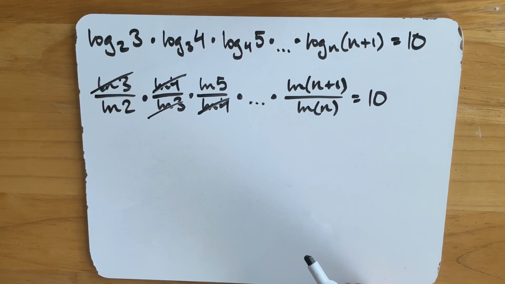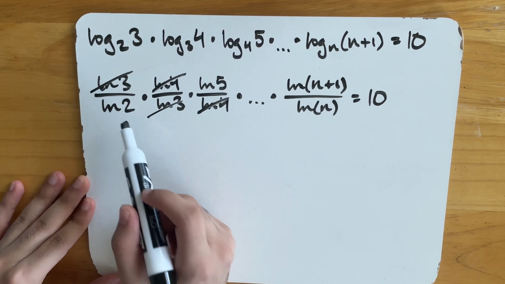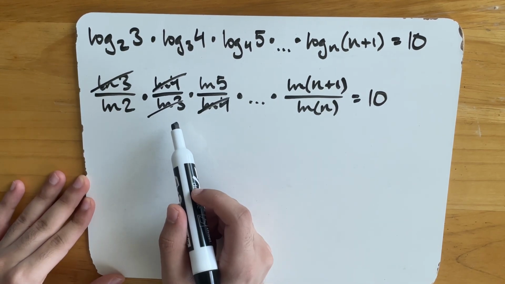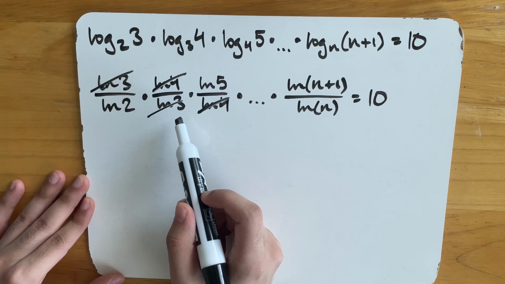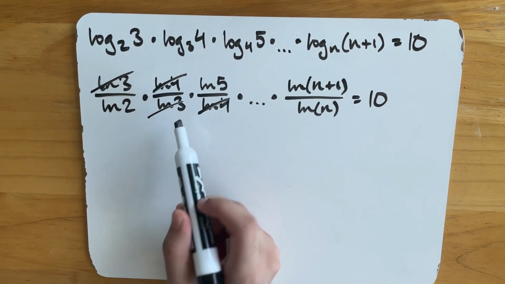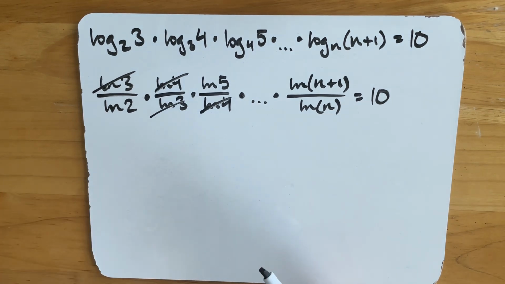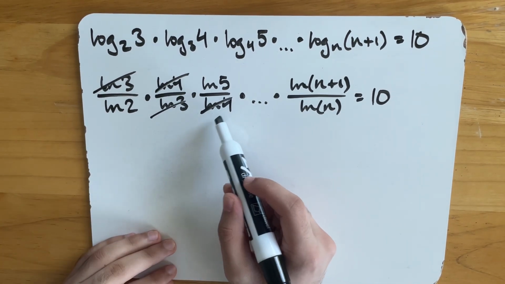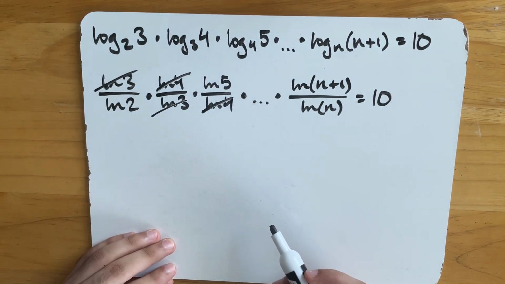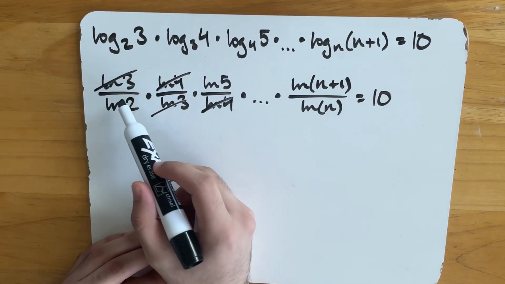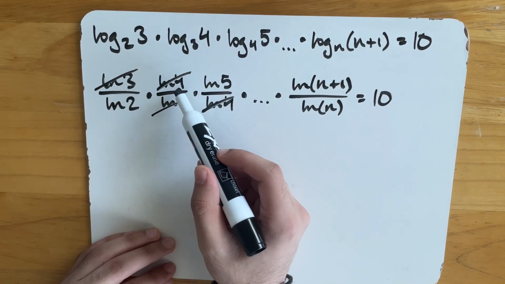But what I noticed so far is that the numerator of a term gets cancelled by the fraction after it, and the denominator of a term gets cancelled by the numerator before it. If that doesn't make any sense, ln 3 got cancelled by the ln 3 down here, but ln 4 down here got cancelled by the ln 4 up here.